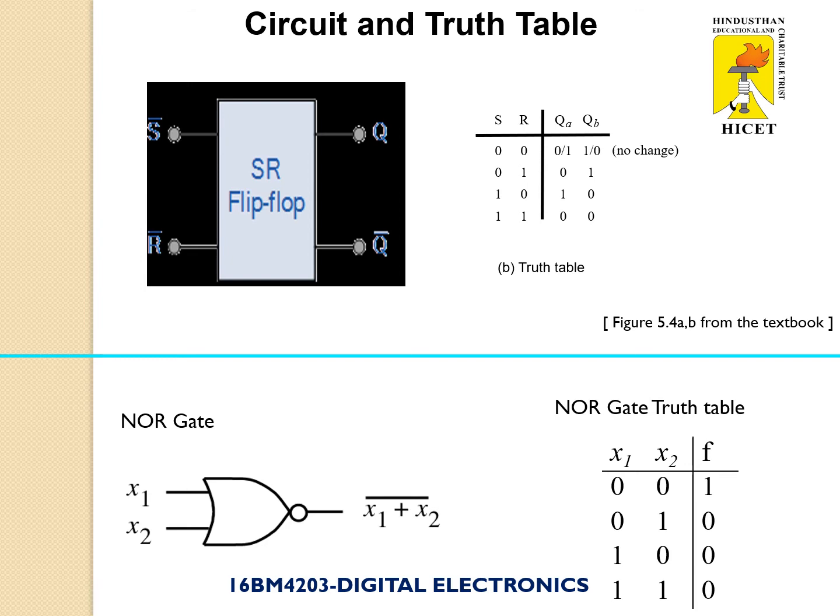That means present state and next state are the same. When 0 1 is applied, now reset is active, so whichever the present state, next state is 0. That is mentioned in the general truth table. So very important information: the general truth table output is nothing but the next state of flip-flop.